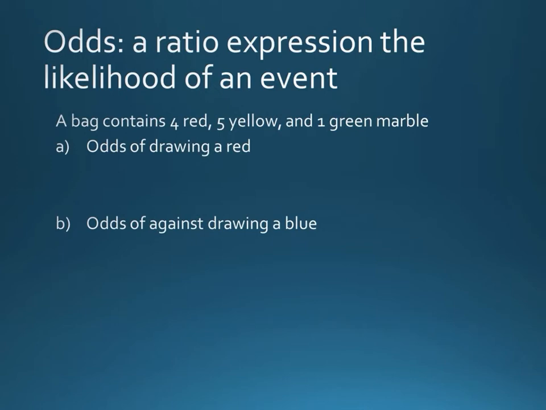Usually we write odds as M to N, where M is the favorable outcome and N is the unfavorable outcome. The odds of drawing a red marble: there are 4 red marbles, and the number of marbles that are not red is 6. So the odds of drawing a red marble would be 4 to 6. You could simplify that to 2 to 3.